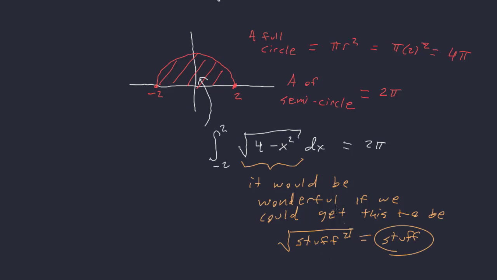Okay, so we could actually cancel. And how we do that is through trig functions, via the Pythagorean identity.